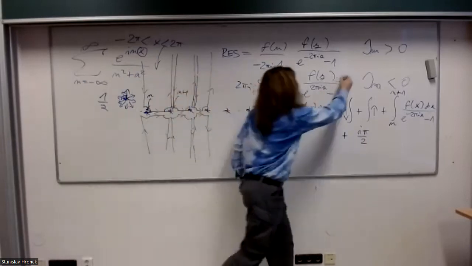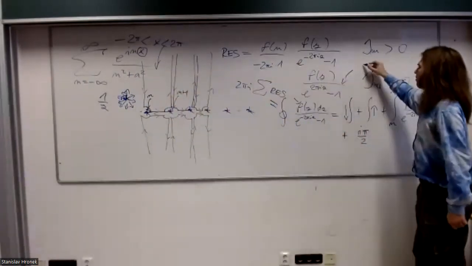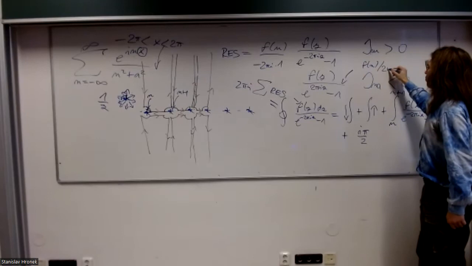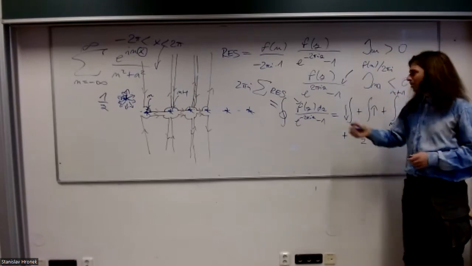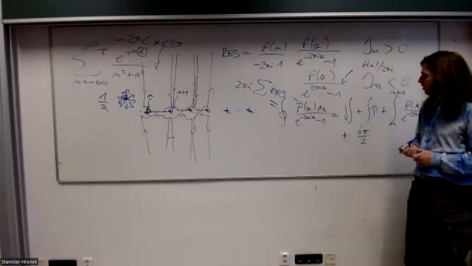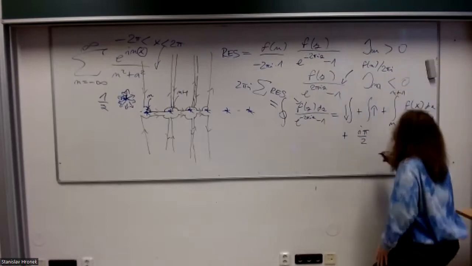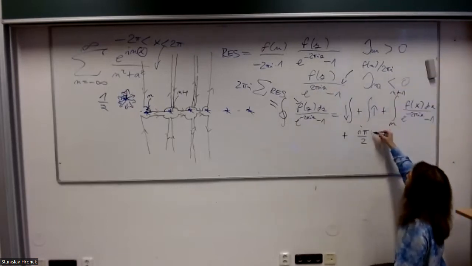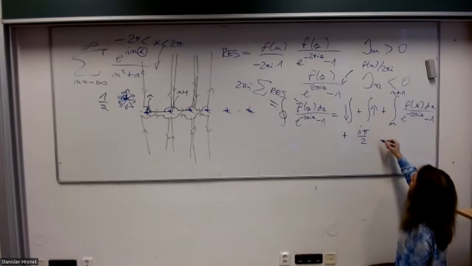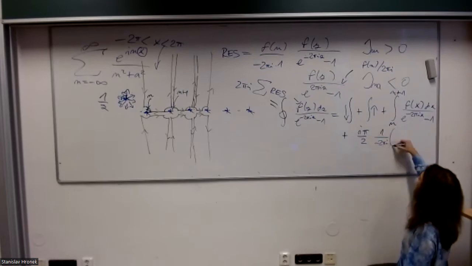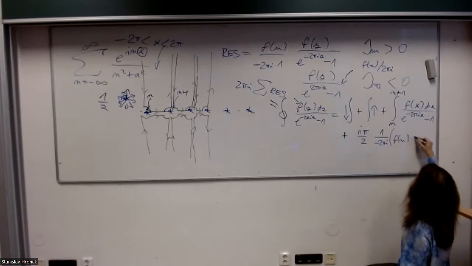And of course, for the other one, it would be the same thing, but it would be over plus 2 pi i, because there's a plus sign. So now I could write these residues, and they are 1 over minus 2 pi i times F_n plus F_{n+1}.